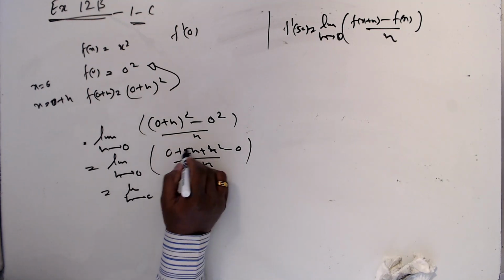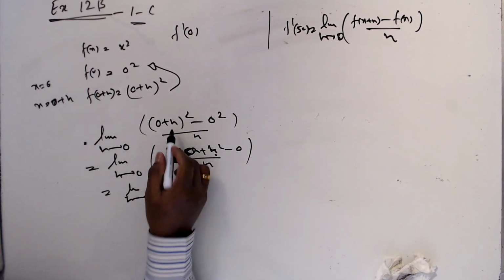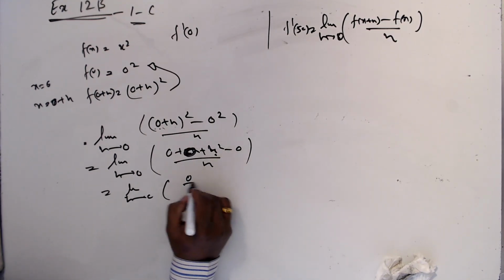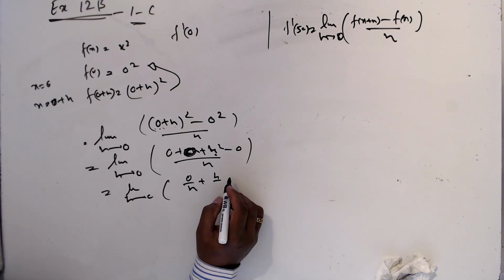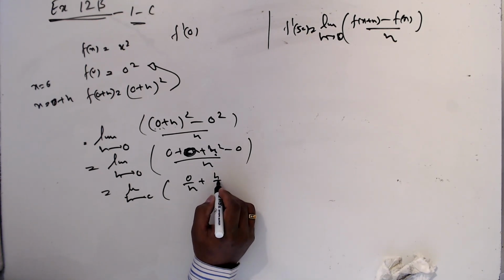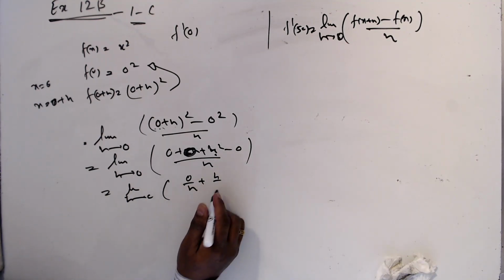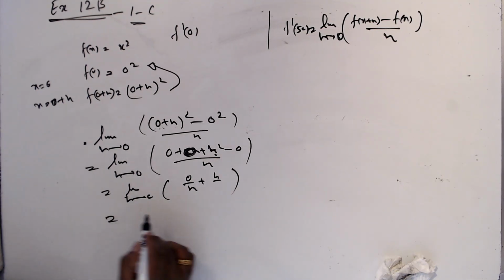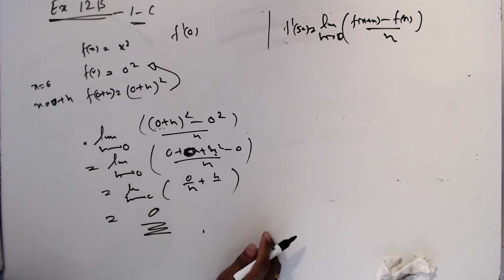Sorry, this is 0 and h square. Two times 0 times h is 0, so all these values are 0.